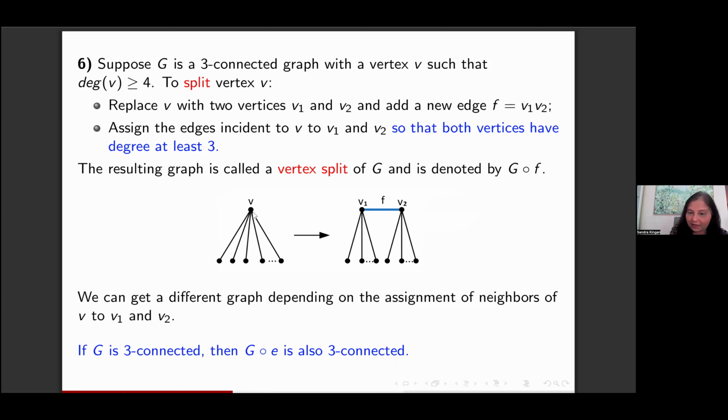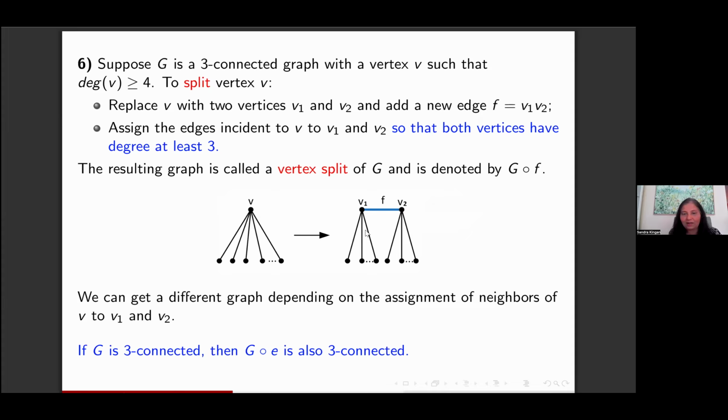So take your vertex v, split it into 2 vertices, and have a new edge f over there, the blue edge. If you look at it backwards, you contract v1 and v2 down back to v. That's contraction. And in order to preserve 3-connectivity, we will assign edges to v1 and v2 so that both vertices have degree at least 3.